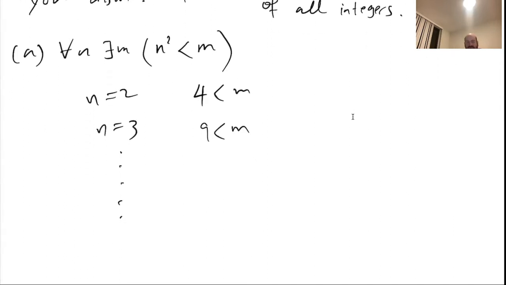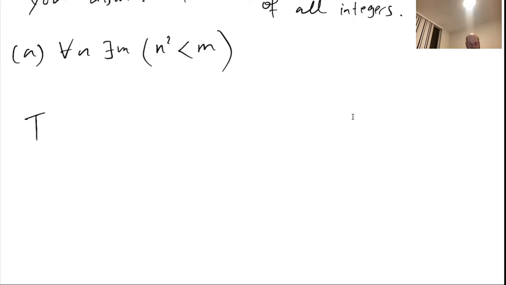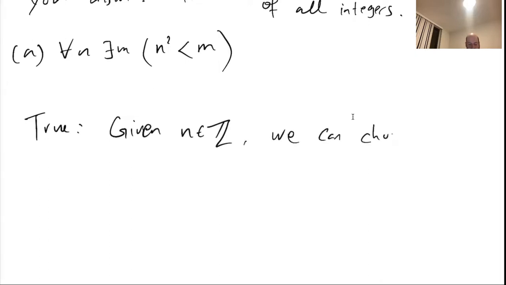So that means our variables are chosen from Z. So given n, the statement is true because given any n in Z, we can choose m to be n squared plus 1, which also belongs to Z, of course.